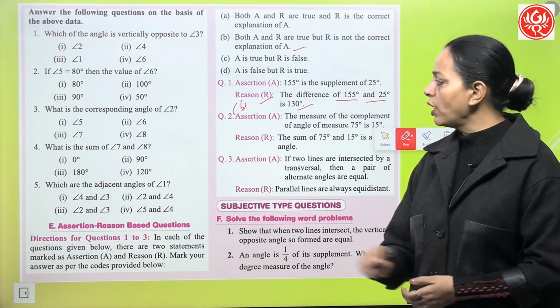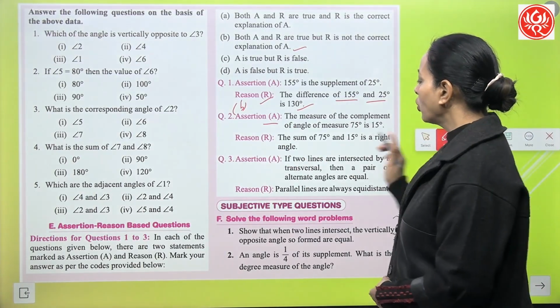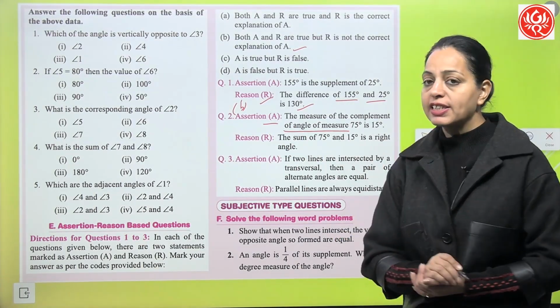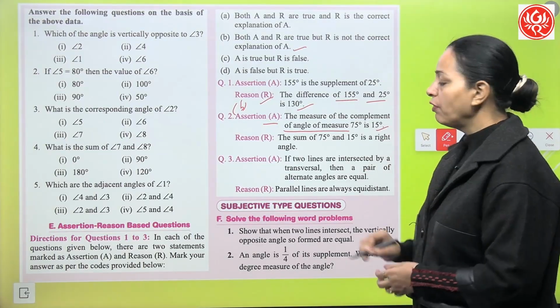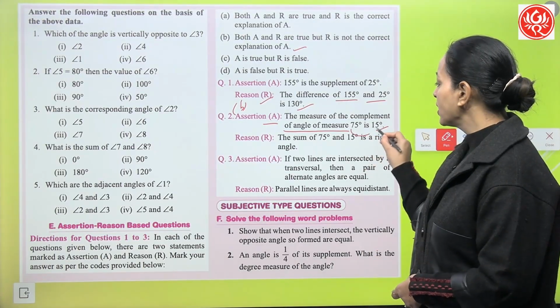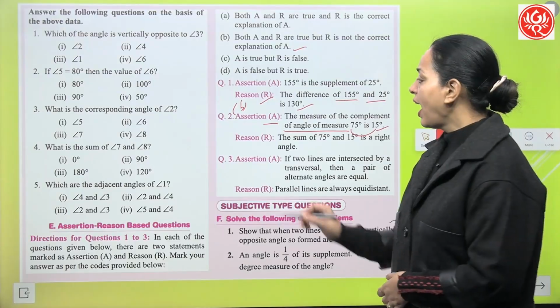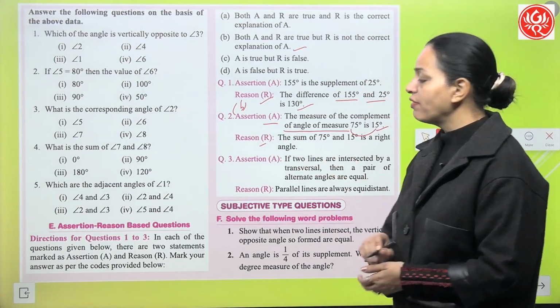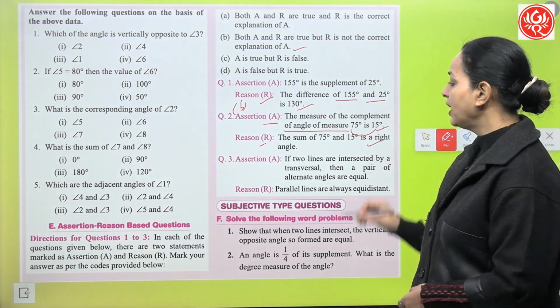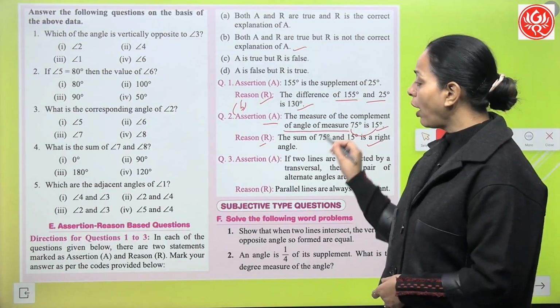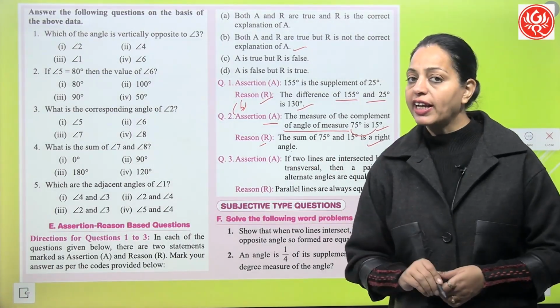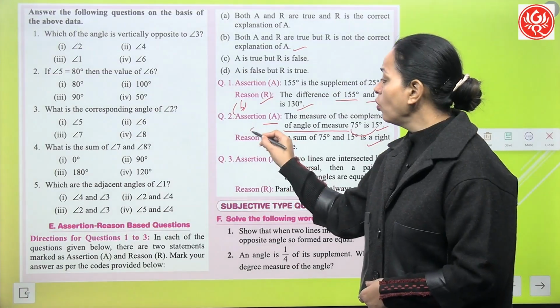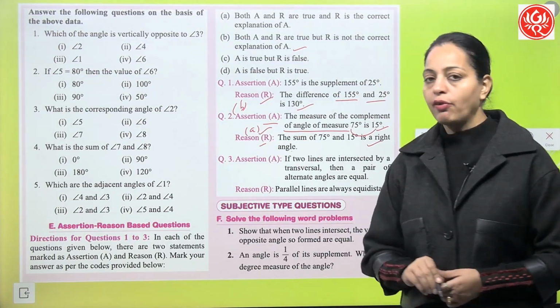Now question number 2, assertion A, the measure of the complement of an angle of measure 75 degrees is 15 degrees. Yes, because their sum is 90 degrees, and the reason R, the sum of 75 degrees and 15 degrees is a right angle. So both are true and this is the correct explanation of A. So the answer is A, right?